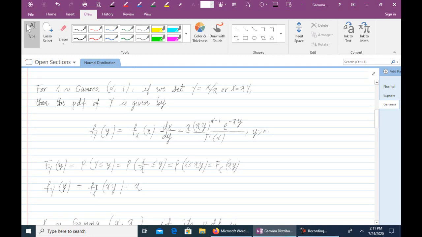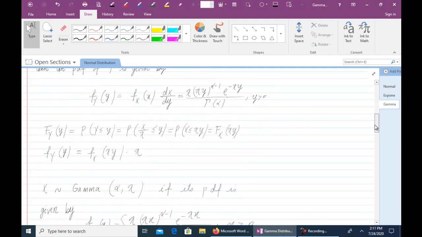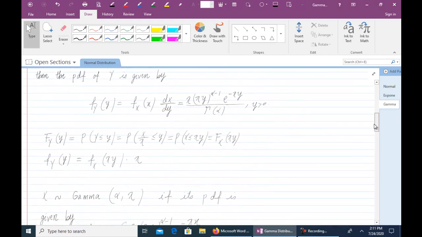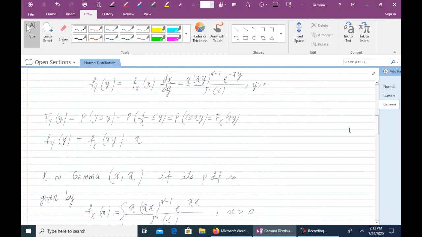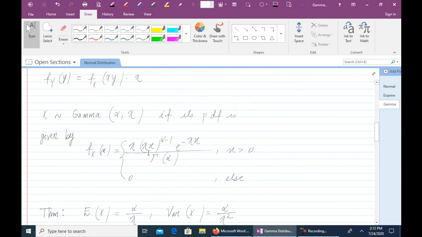And then you just plug that in the PDF for x, and this is exactly what we get. Okay, so then we say that x has a gamma distribution with parameters alpha and lambda if its PDF is given by this formula: f_X(x) is lambda times (lambda x) to the alpha minus 1, e to the minus lambda x, divided by gamma of alpha for x greater than 0, and 0 otherwise.